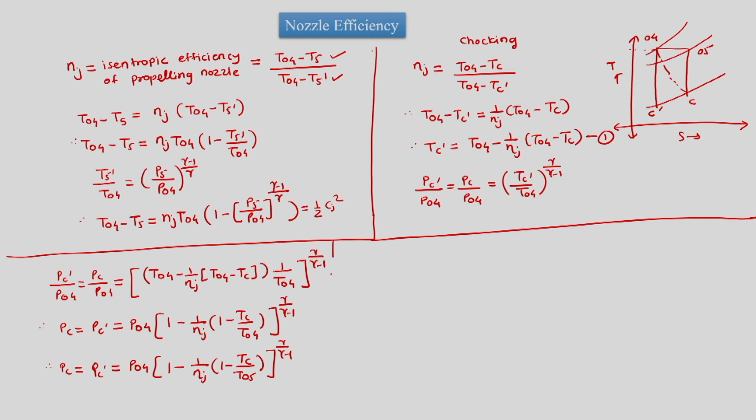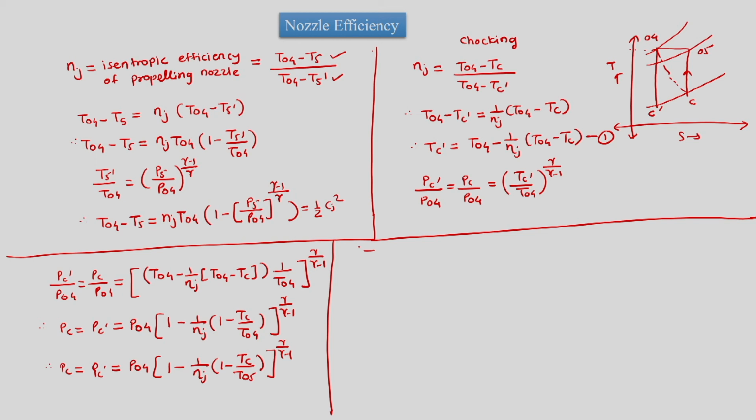Here if we see closely the process C and naught 5, or naught 5 to C, if we isentropically expand from naught 5 to C, then we have got the Mach number 1 existing at state C. So we can utilize this from knowing the Mach number in reality equal to 1.